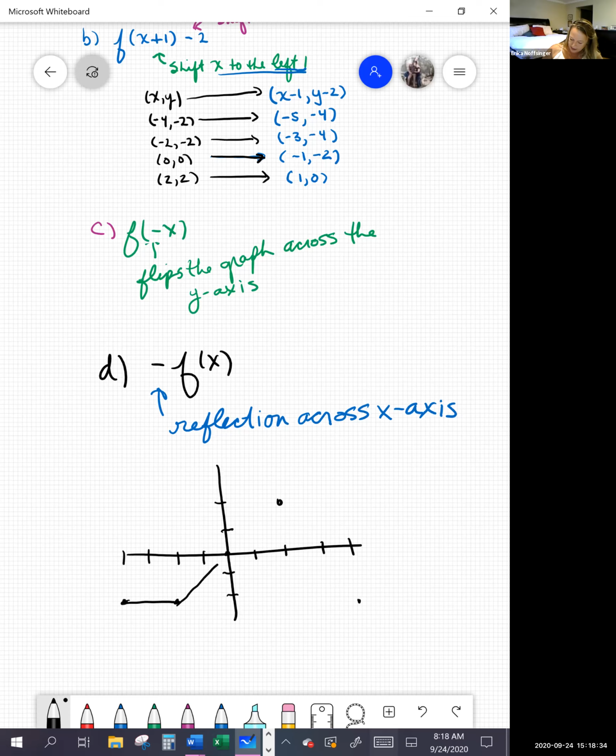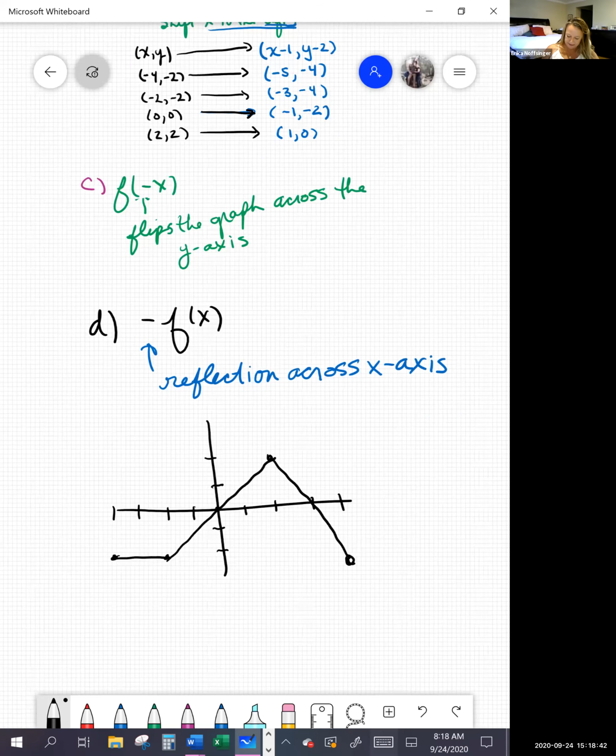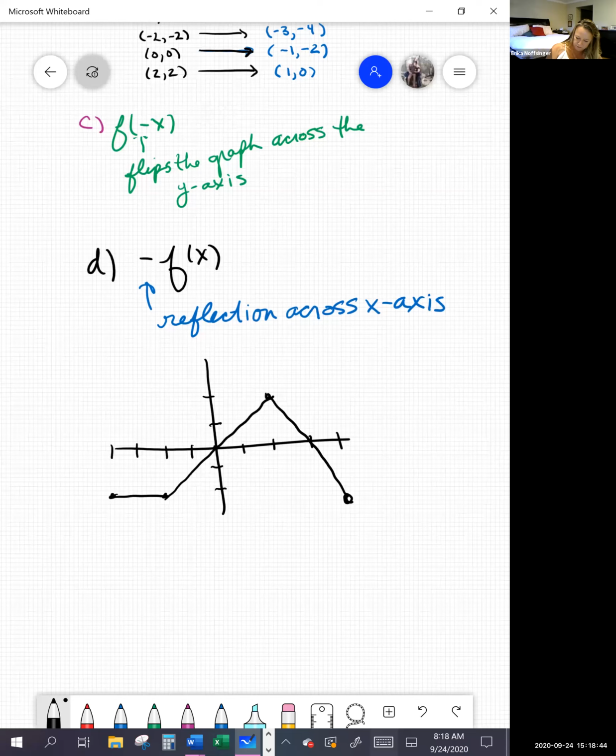So looking at f of x here, and if we looked at negative f of x, I'm just changing my y sign. So when my point was -4, -2, it's now -4, 2. That's point -2, -2 is now -2, 2.